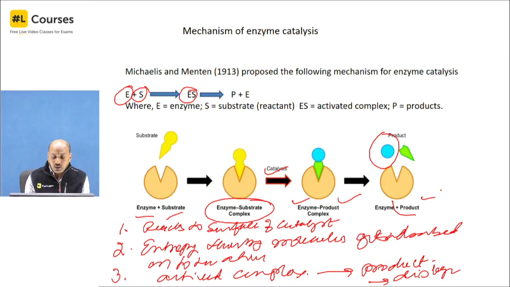Now when we talk about enzyme catalysis, here also there are a lot of chemical reactions which are brought about by the enzyme. Because the enzyme has a three-dimensional activity center, these activity centers bring the substrate together and make the process of conversion to product.